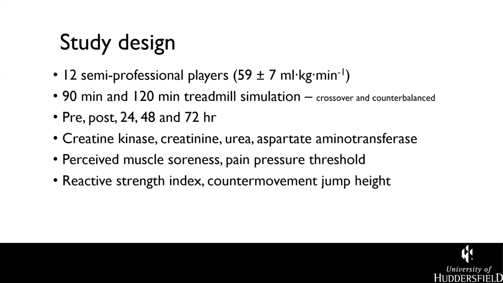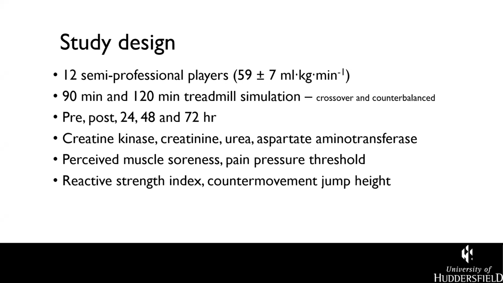And then in terms of the more applied measures, we assessed reactive strength index of players. So they dropped from a platform and upon ground contact jumped up into the air as high as possible. So that assessed the transition time. And then a countermovement jump height assessment. So hands on hips, jump as high as you can.